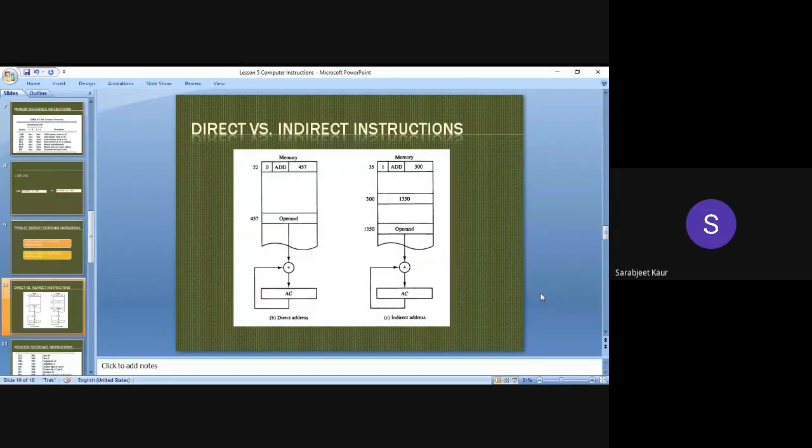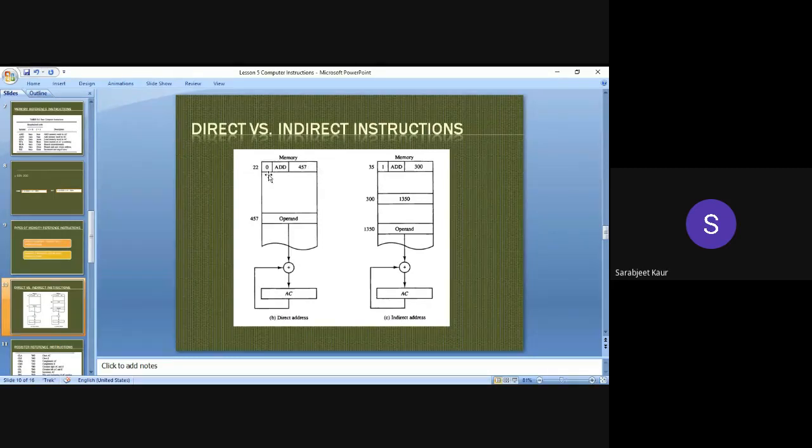What do we mean by these? Let's see. In the first, the direct memory reference instructions, if this is my instruction, the instruction itself is located at address 22 in the memory. What does the instruction say?